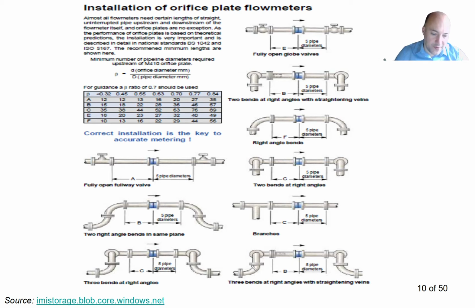And you can see several pictures here, and those pictures show typical examples of what you may see in an industrial application. For example, here you may have some valve, and now note that this first example is a full open, full way valve.